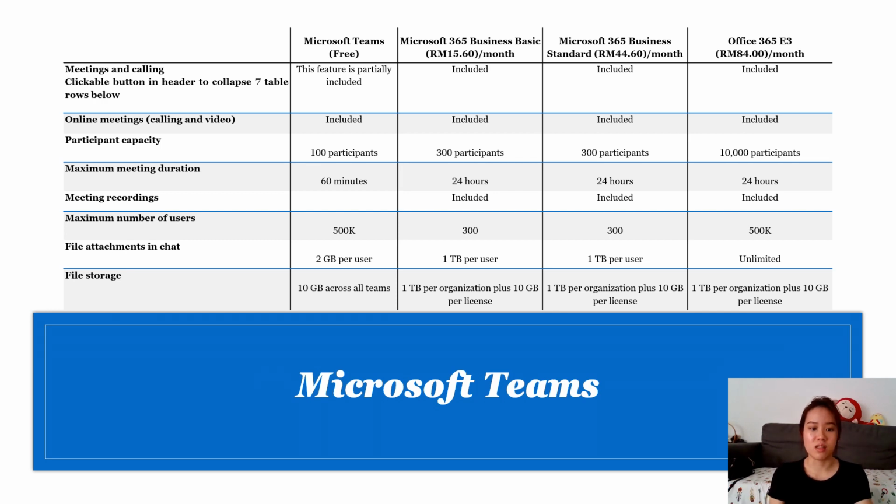For the file attachments in chat, the maximum is 2 GB per user, but for the other paid versions it is 1 TB to unlimited. And the file storage for the Microsoft Teams free version is 10 GB across all teams. And so the paid version will definitely have more file storage.